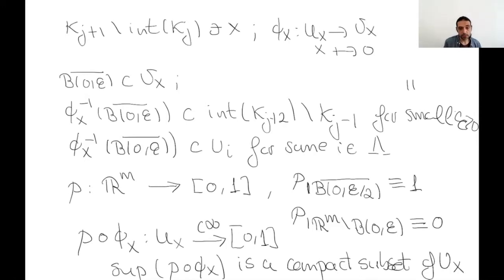And so we can extend this function to the whole M by defining it as equal to 0 at the points that do not belong to U_x. So we define sigma x as the composition of these two functions.